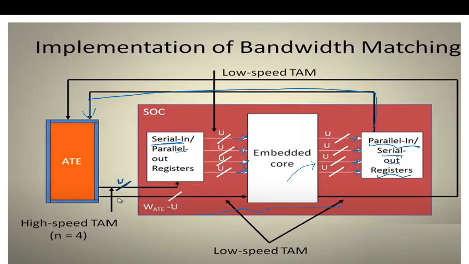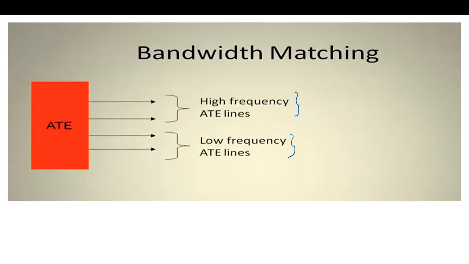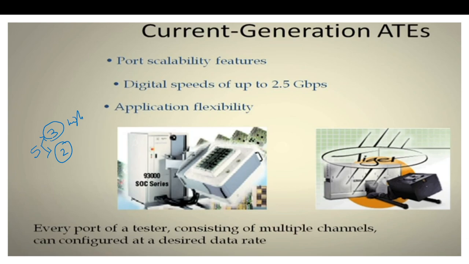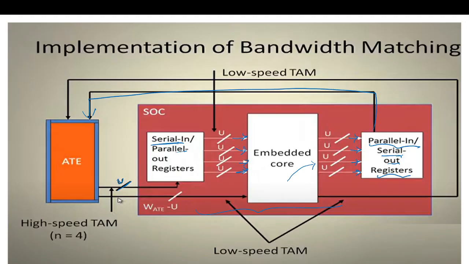So this bandwidth matching circuit was an additional hardware required when we had this method of implementation, where the ATE was providing different speeds. So this was the requirement in the virtual TAM.